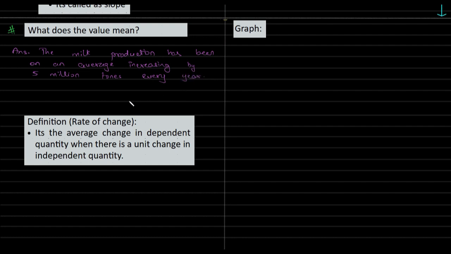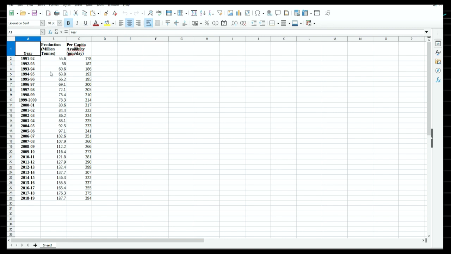That's what it means. So from 1991 to 2018, if I keep adding 5 approximately, I'll end up with this number. That's what average means, is it not?